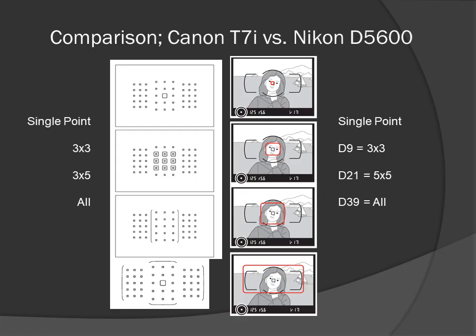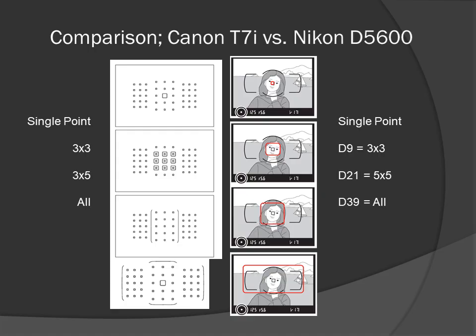The difference is on the Canon, anything within that 3x3 matrix, the camera will determine what's the closest subject and focus on it. In the case of the Nikon, that little square on the girl's nose is the start of focusing. You as the user have to put that on the subject, and the camera will try and track that within that 3x3 matrix.